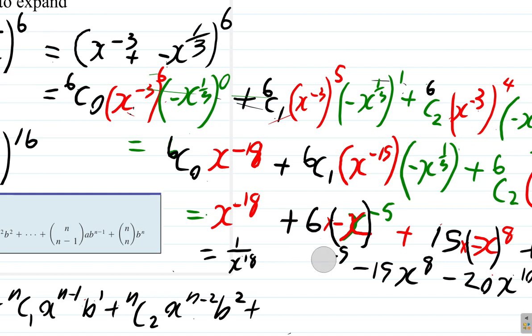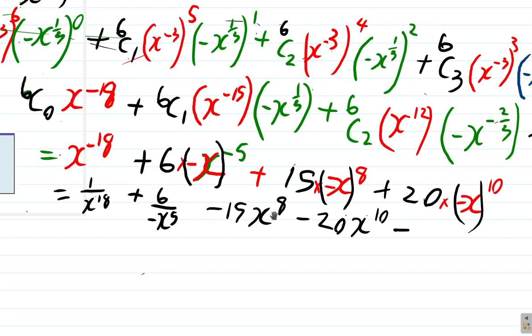It's kind of easier to see in the fractional form. This is plus 6 over negative x to the 5th power. All right? Let me kind of get this thing out of the way.